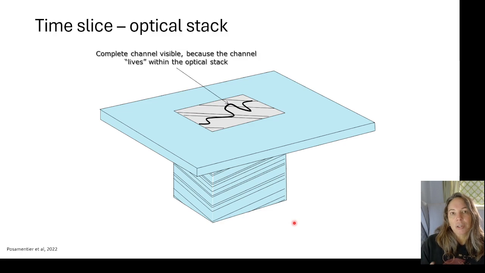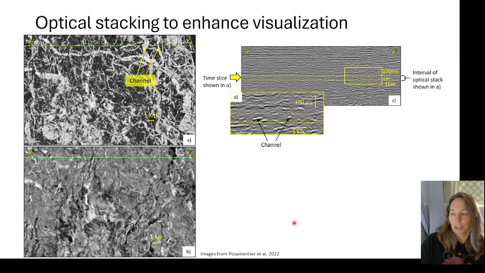You could also do that optical stack method that I've talked about, where you take a thickness of the seismic cube, maybe 50 milliseconds or so, and you render part of it transparent in your software. That would let you see the full channel.